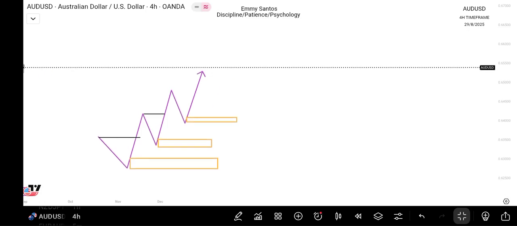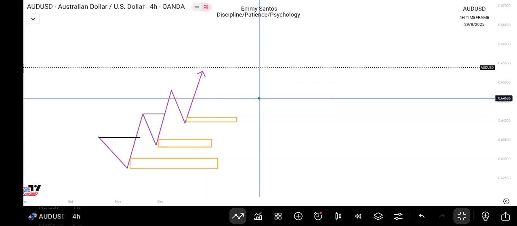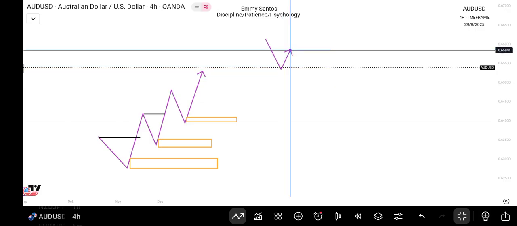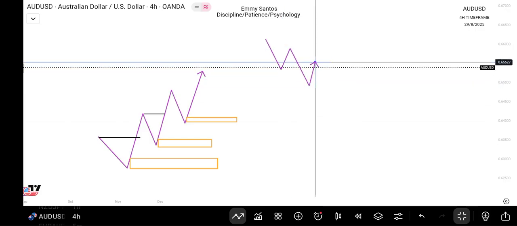Coming down to another type of market structure, we also have a downtrend. That's a series of lower low, lower high, lower low, lower high.